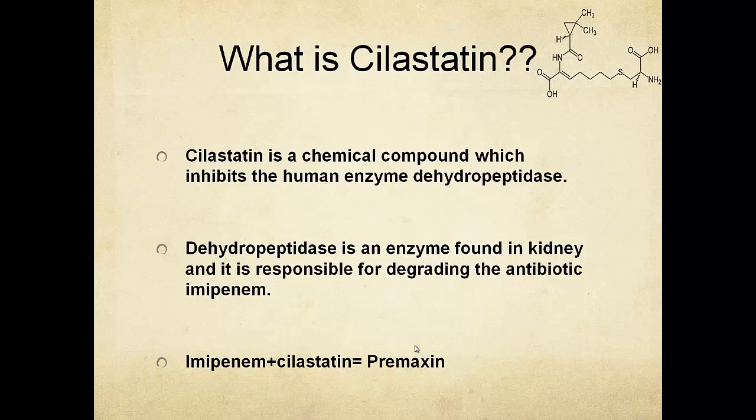So the role of cilastatin is to prevent the breakdown of imipenem by inhibiting dehydropeptidase. This is the only clinical role of cilastatin up till now: to use it with imipenem in Primaxin, which stabilizes the imipenem.